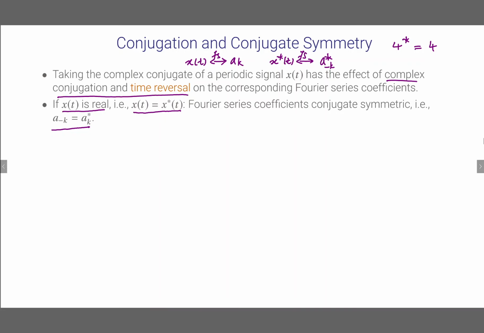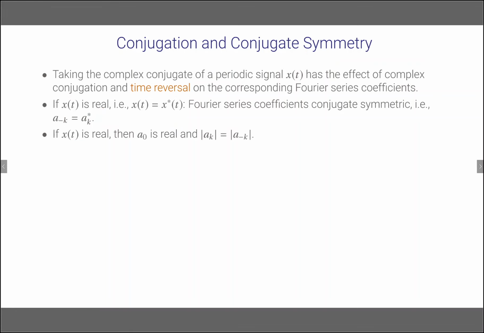So there you go, we have x(t) equals x*(t). What that means is x(t)'s Fourier series coefficients a_k must be equal to a_{-k}*. So therefore you can deduce this relationship. That is if x(t) is real. If x(t) is real, then a_0 is real and the magnitude of a_k is equal to the magnitude of a_{-k}, because of this reason.